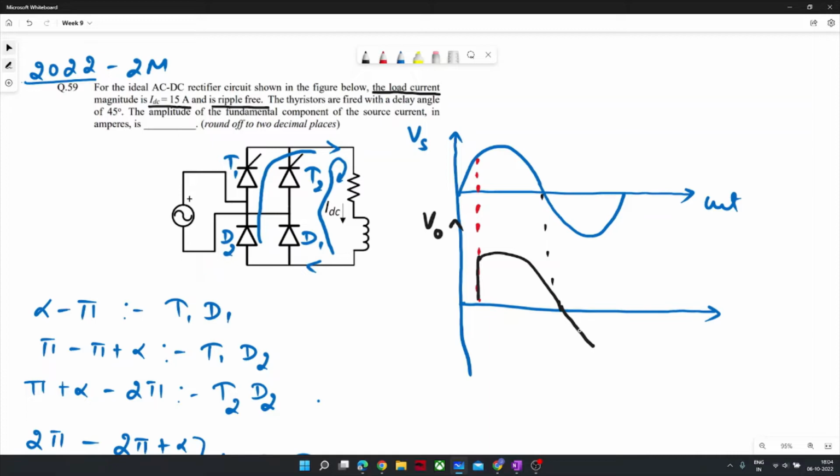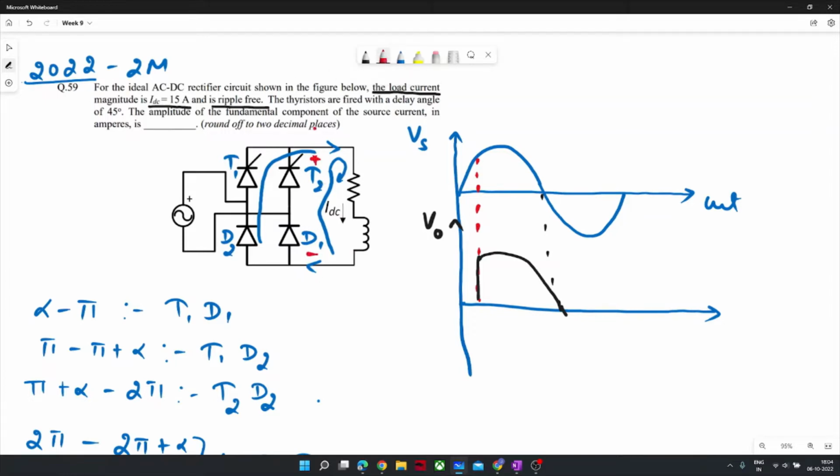But since diodes are given here, current will conduct through the load side, but it will not be continuous on the source side. When the diode conducts, you can see the voltage across the load would be zero since short circuiting is happening here.